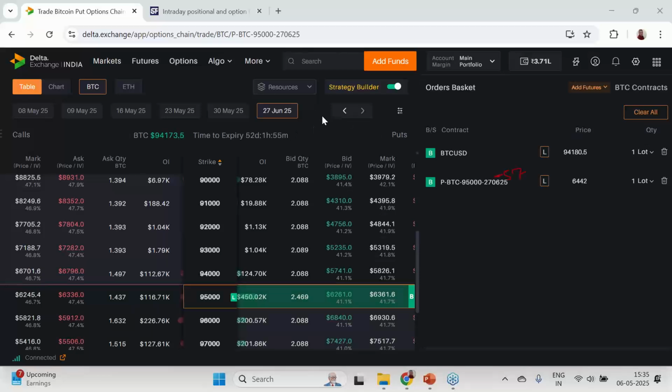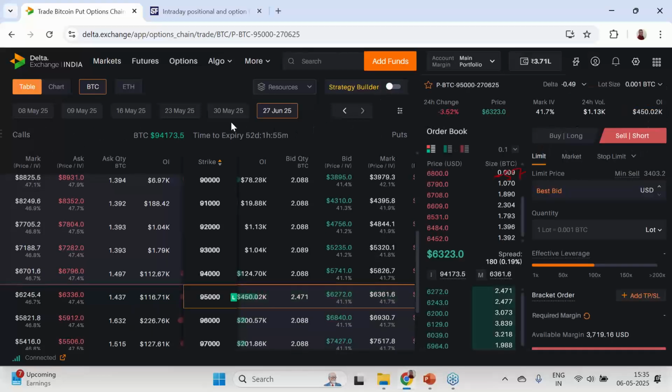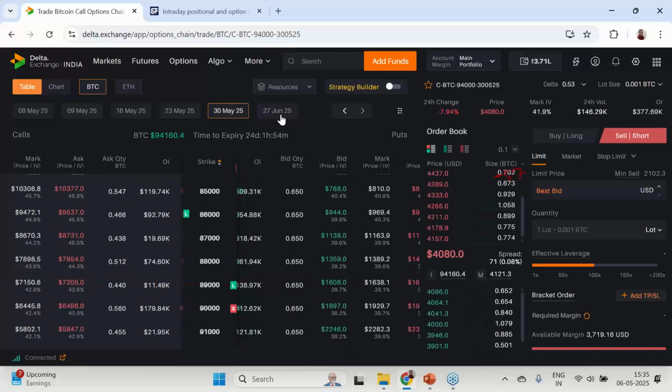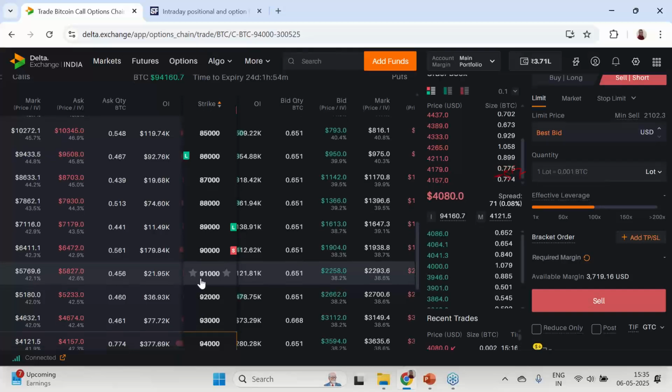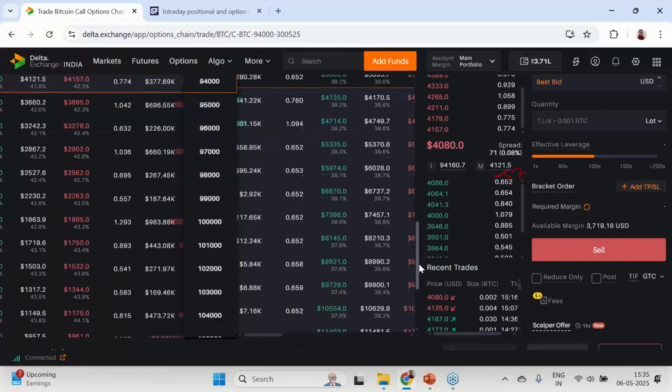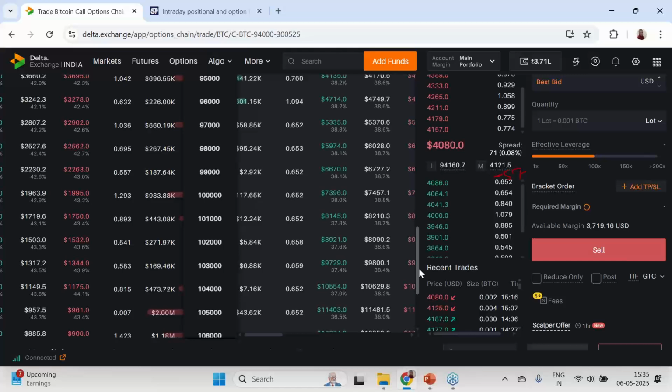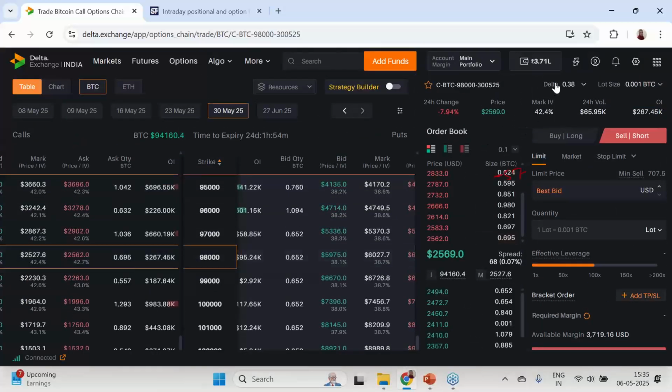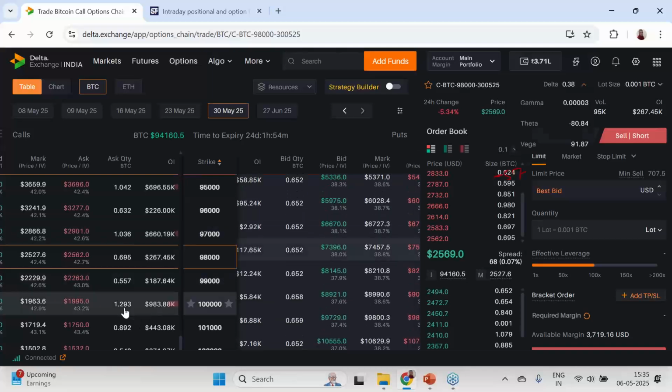Now I am going to one more strike in the lower expiry, which is 30th May, because 27th June is the longest expiry. I need to hunt for a call option to sell which can give me a similar theta. Say if I go for 98, let me see the theta, 80. I don't want 80, I want 57.